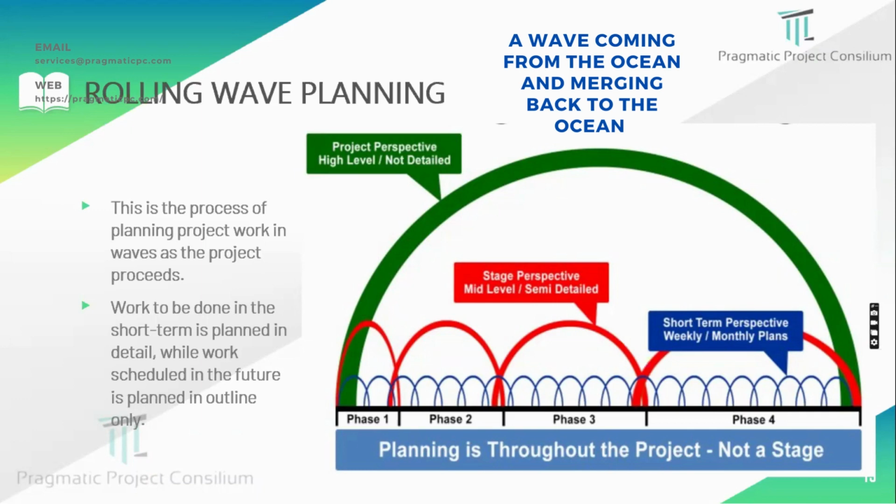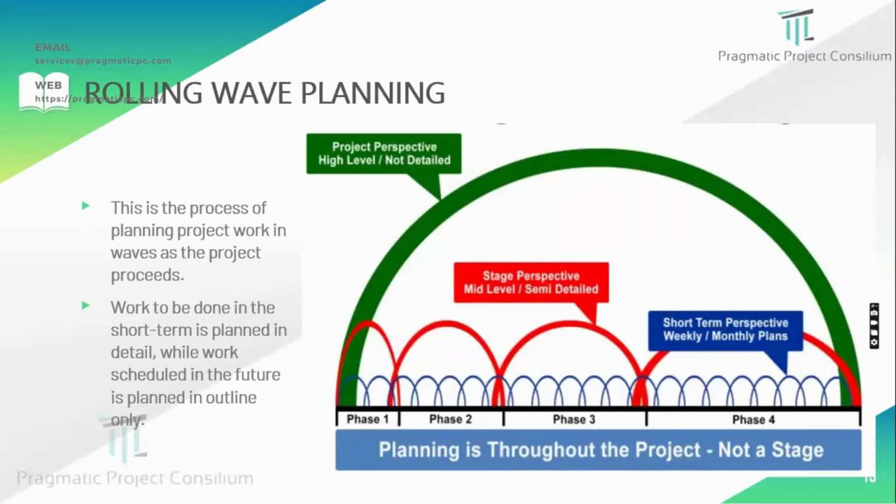The blue shows a short-term perspective, weekly and monthly plans. We have to plan frequently, and sometimes, when the tides are high, the stage perspective, mid-level, semi-detailed plans are happening meticulously, maybe not on a weekly basis, but once in 3 weeks. So it is a continuous process.